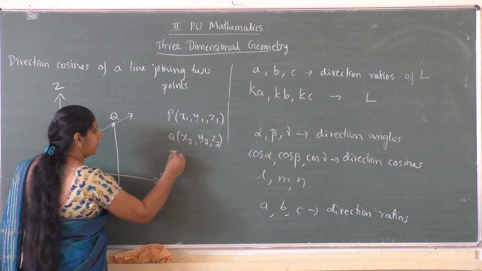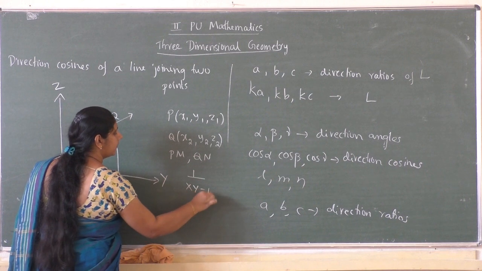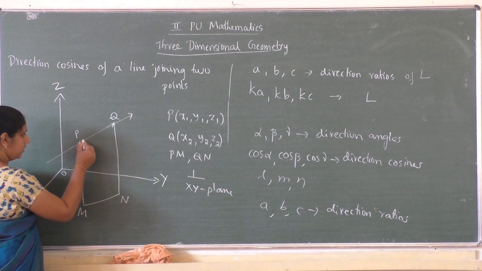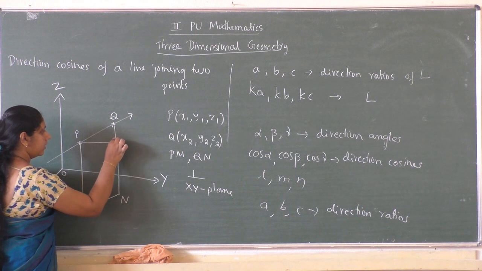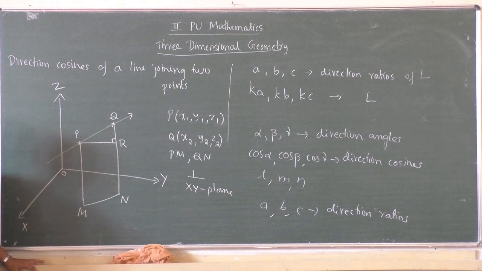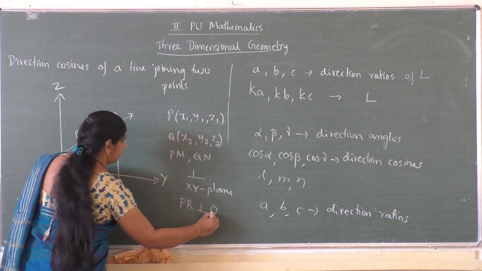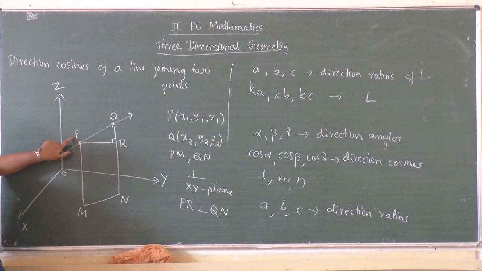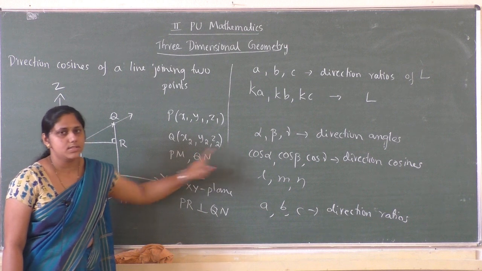So here PM and QN both are perpendicular to the XY plane, and draw PR perpendicular to QN. Is it clear? You have to take any 2 points on the directed line with the coordinates x1, y1, z1 and x2, y2, z2.